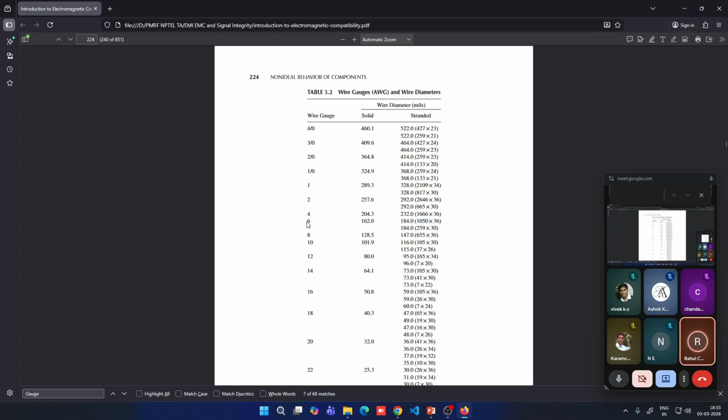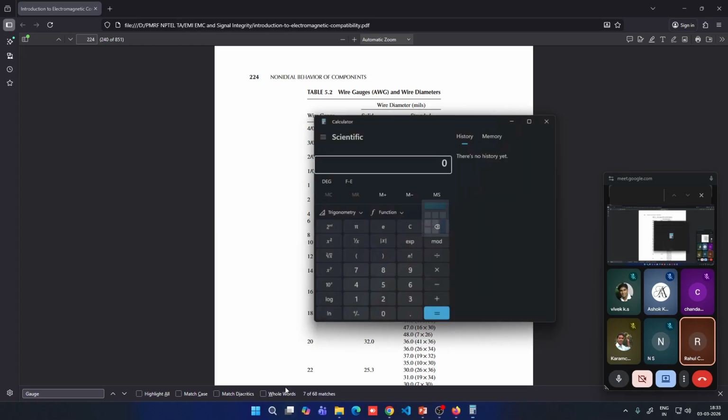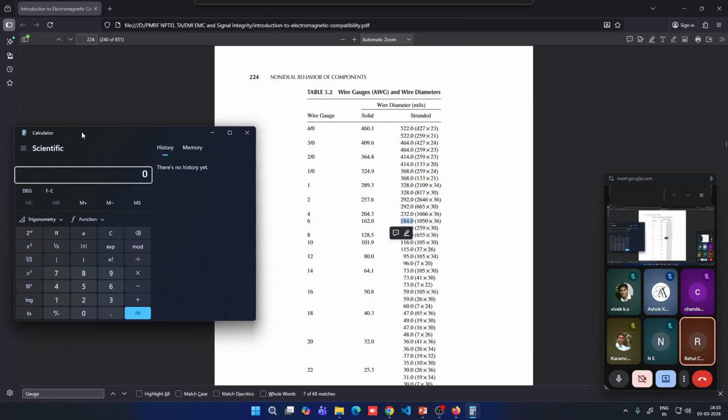So if the wire is given as 6 gauge, its diameter is 184 mils. First we divide it by 2 to calculate the radius, so the radius of this wire is 92 mils.